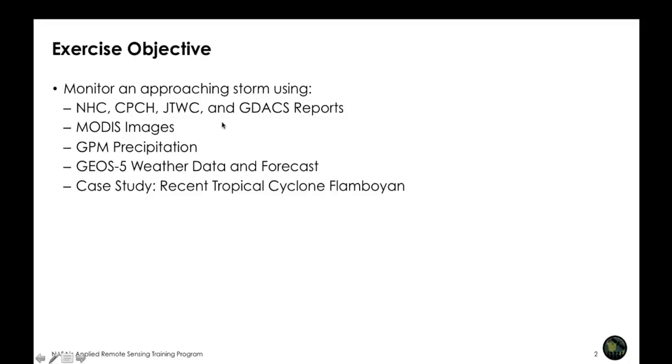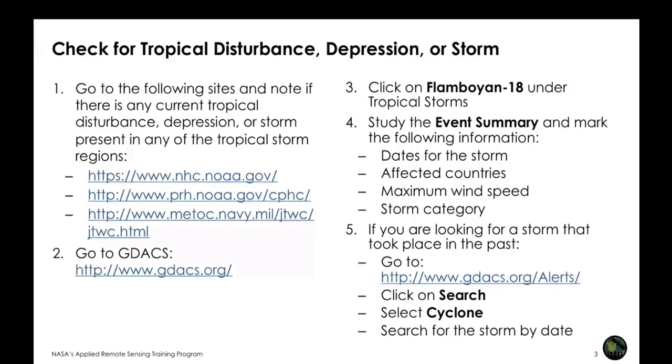You can look at the operational tools like National Hurricane Center, Central Pacific Hurricane Center, Joint Typhoon Warning Center, and GDACS, just to see what the current condition is. And then later on, you can look at Worldview and also look at GEOS website to see a recent storm. The recent cyclone we're going to look at is Cyclone Flamboyant that formed over the southern Indian Ocean. So I think what we will do is give you a few minutes to work through this exercise.